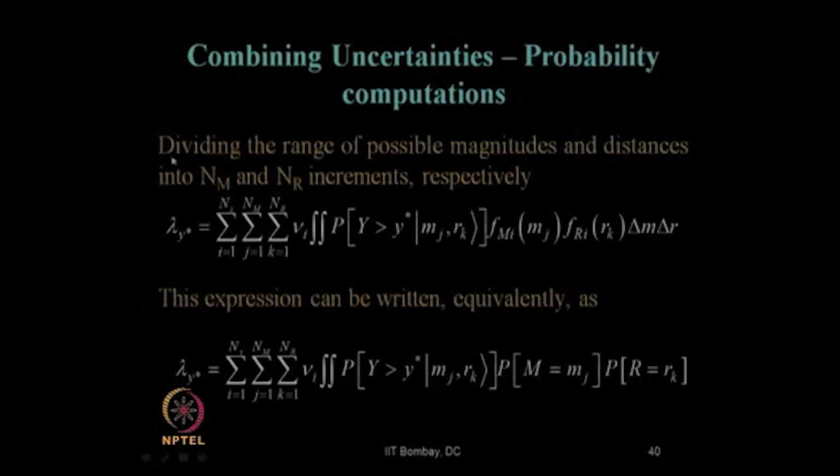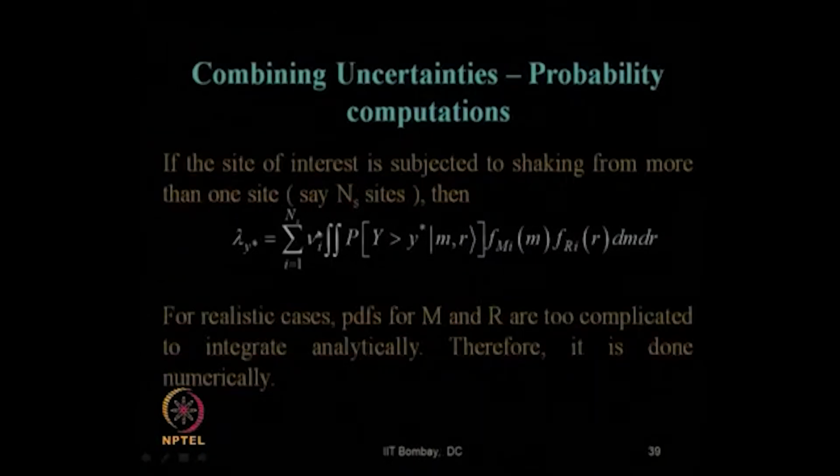So, now dividing the range of possible magnitudes and distances into nm and nr increments. That is, instead of doing this analytical integration, now we are doing the numerical integration. For numerical integration, we are dividing that m range, whatever range it is expanding, into nm.